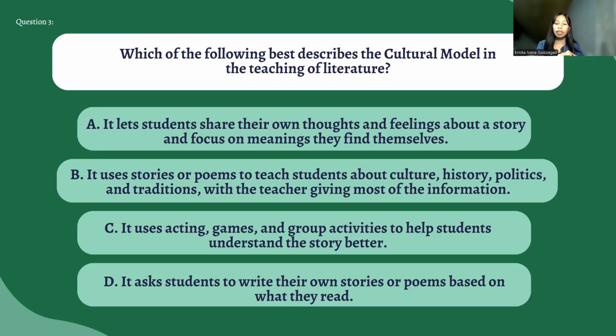C. It uses acting, games, and group activities to help students understand the story better. And letter D. It asks students to write their own stories or poems based on what they read. I will give you time to answer and you may pause this video.